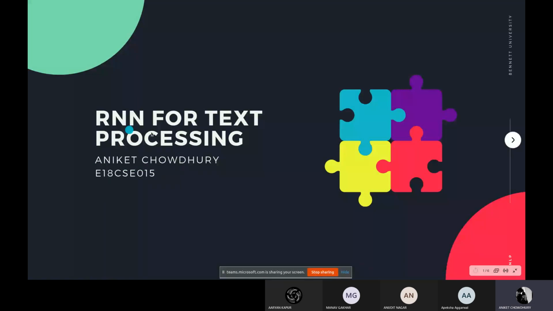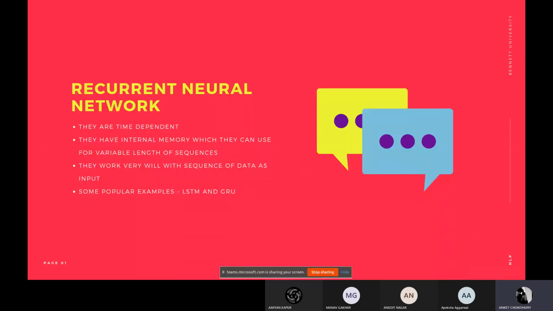What are recurrent neural networks? As the name suggests, it's a neural network, but there are different kinds of neural networks. They have this thing called a timestamp, which makes them time dependent in how the data is processed. Essentially, every cell takes output not only from the previous layer or the input, but also from the recurrent cell before it. There are different ways of feeding input into an RNN, which we will see in a while.